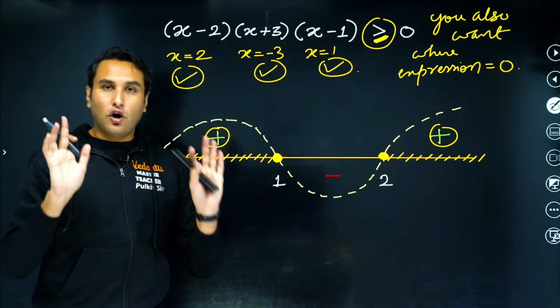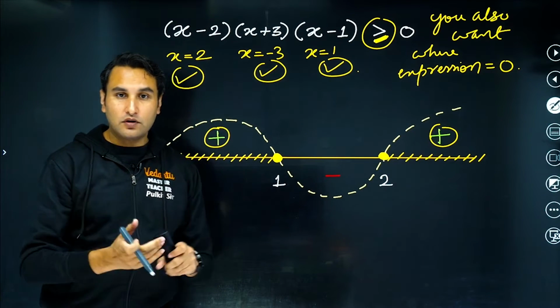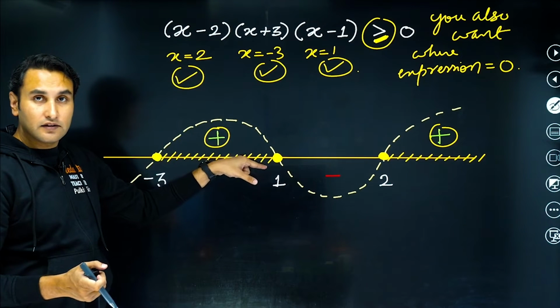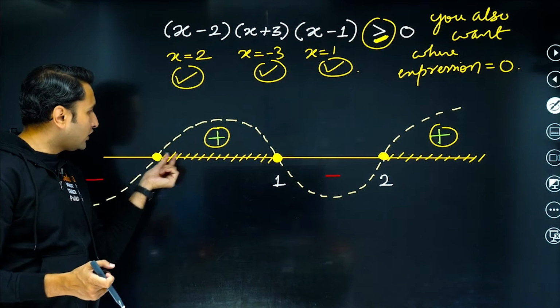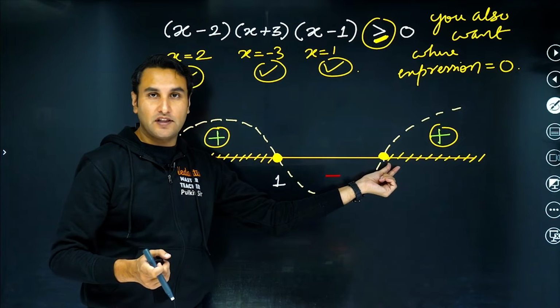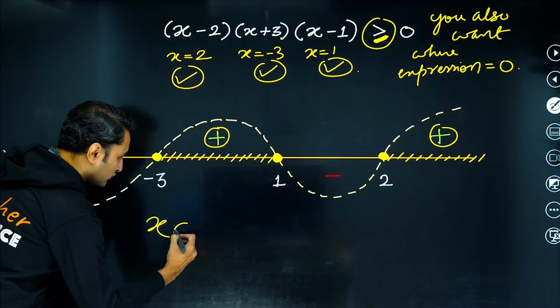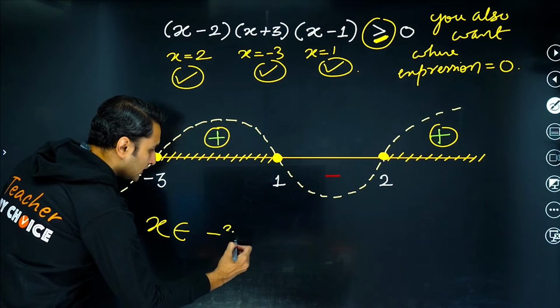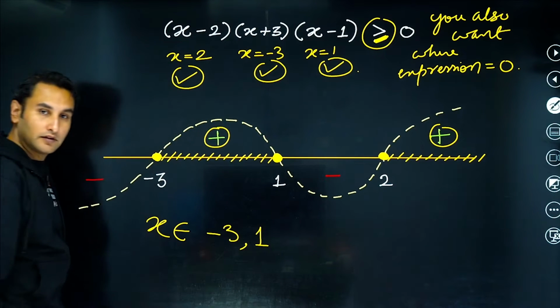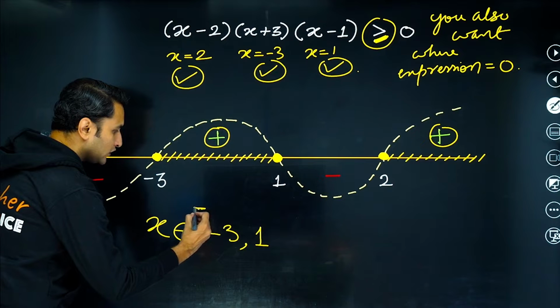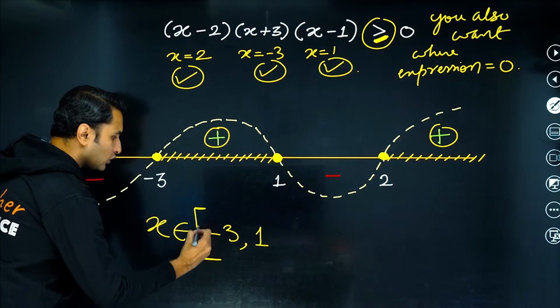So take all the portions now where you see the plus sign, as well as take all these individual points, include them as well. So how do you write it? X belongs to minus 3 to 1, but this time I am going to include minus 3, closed bracket.